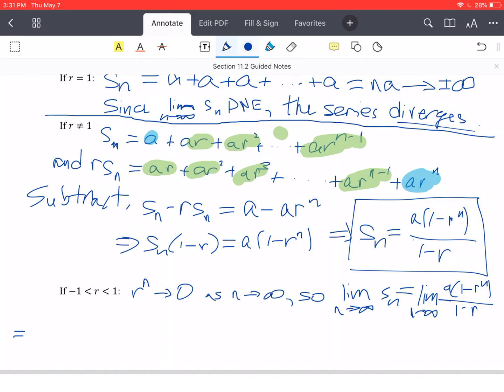I'm not going to go through the nitty-gritty details of the limit with you guys, but that will be a over 1 minus r minus a over 1 minus r times the limit, and all that's left is r^n.